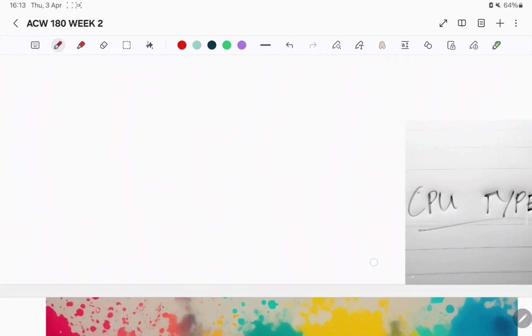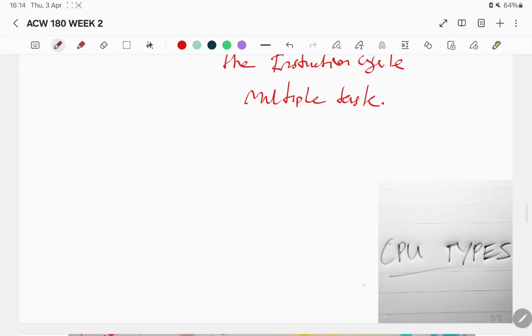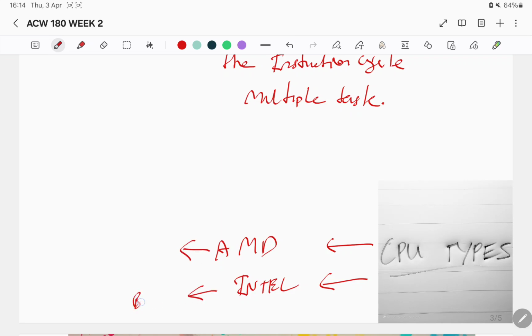Finally, we move to the last part, the CPU types. We got the Intel and the AMD. We got the budget version, and the normal one, the i3 to i9. Ryzen, right? Ryzen for the AMD.